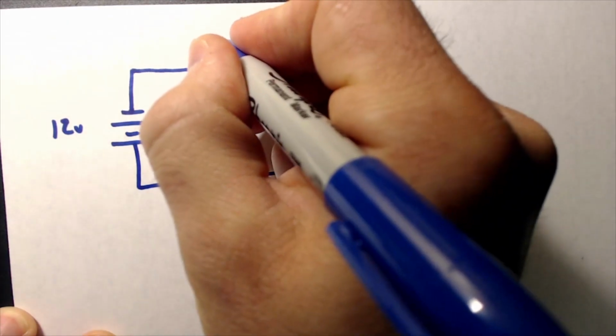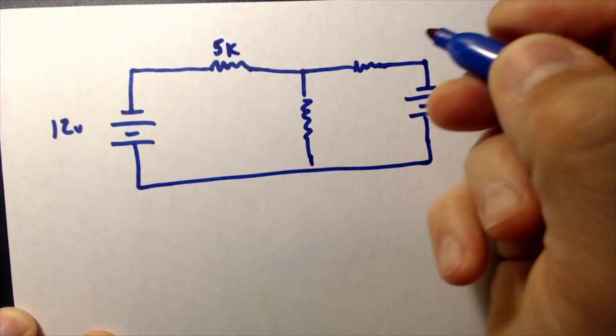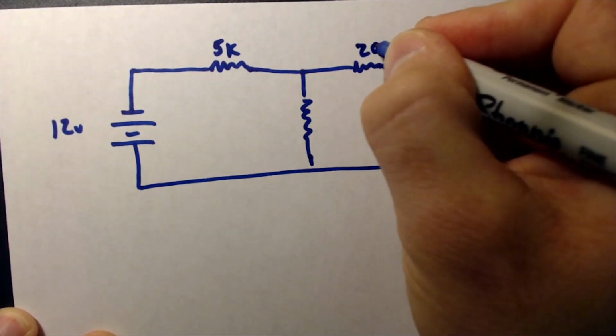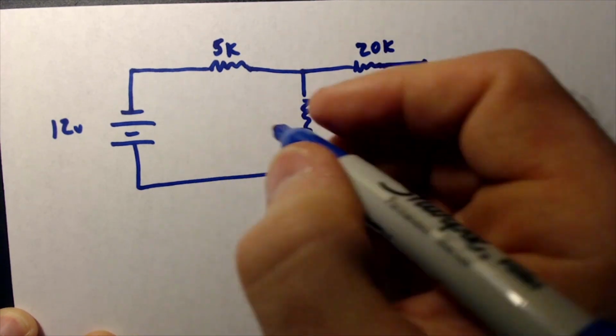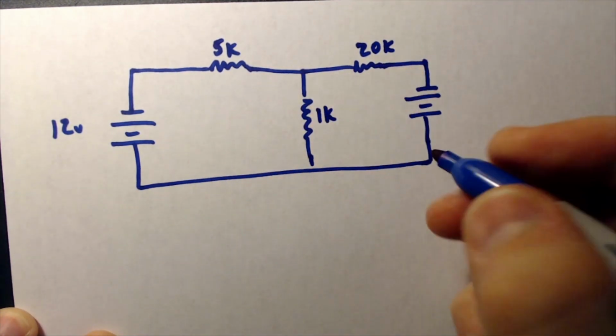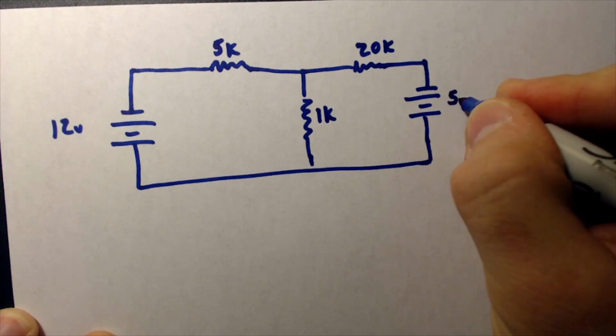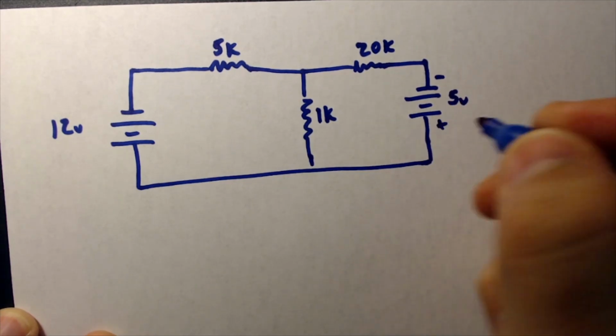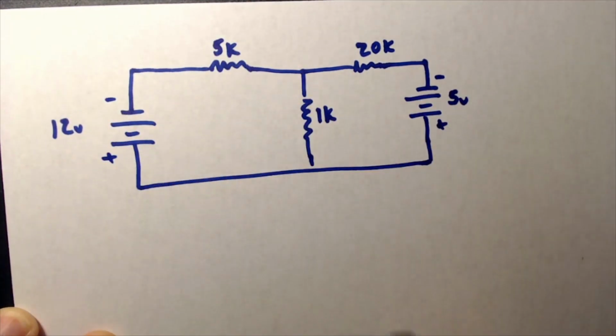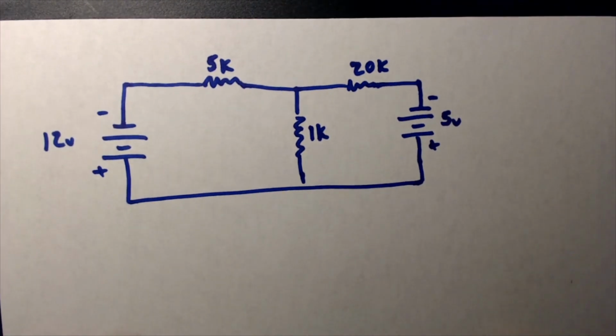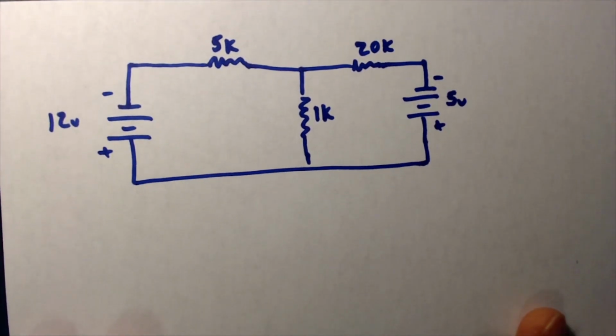Okay, so I'll make this 5K, make this 20K, let's make this 1K. This over here, 5 volts, and notice that these are, for lack of a better way of describing it, upside down, right? We're kind of not used to seeing them this way.